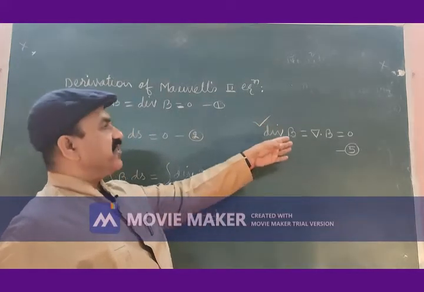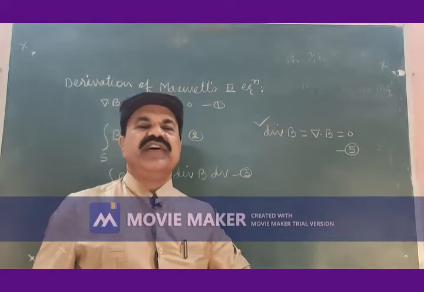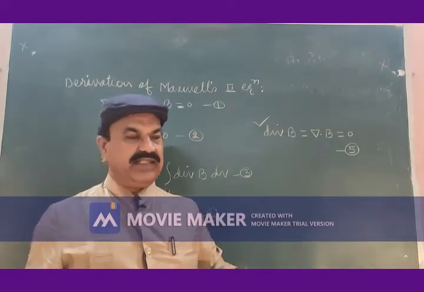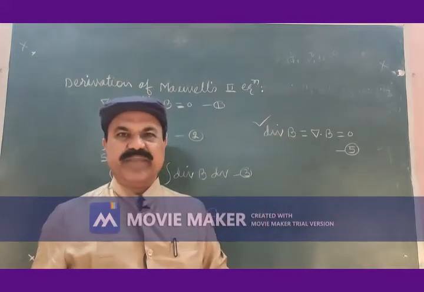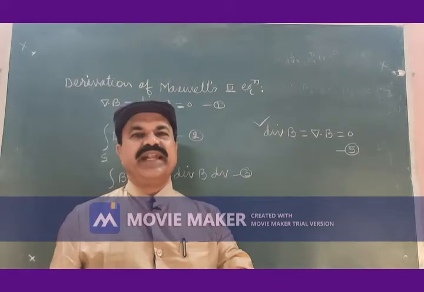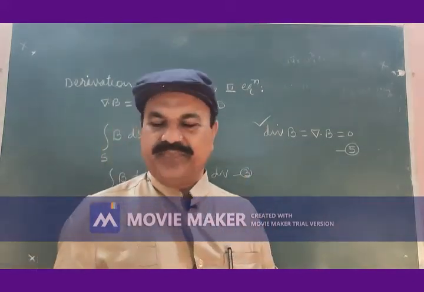If we compare equation 5 with equation 1, we find that they are the same. It means that we have derived Maxwell's second equation of electromagnetism.